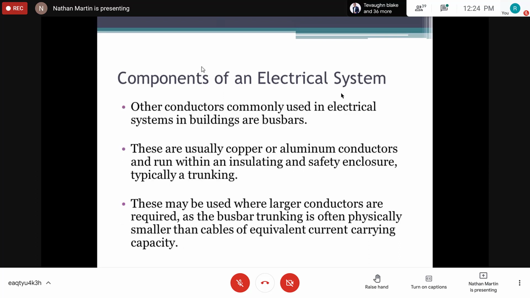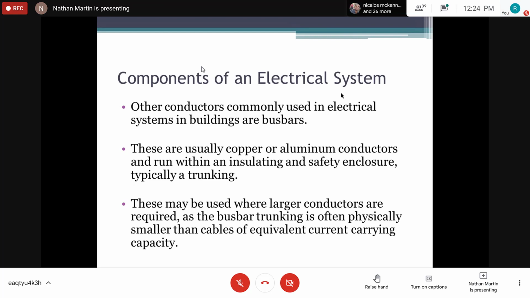Now, other conductors commonly used in buildings are bus bar conductors. So we're talking about the bare bus bar in an enclosure, right? It can be of the riser main type, or it can be your regular distribution box, right? But in fact, these are also conductors. Remember, we tell you that the conductor is what carries the current. So the conductor can be a bar as well as a cable, right?